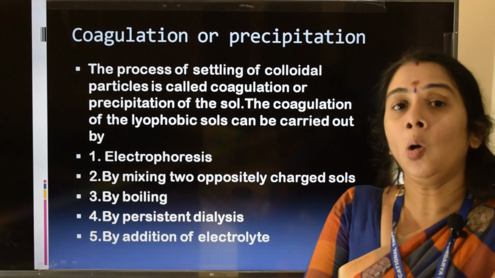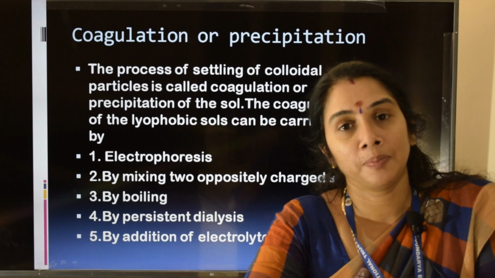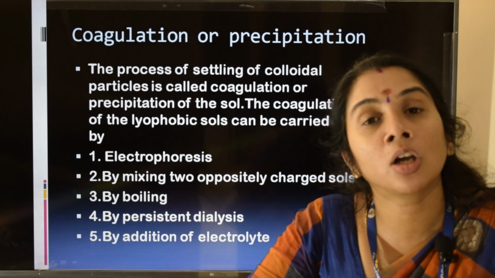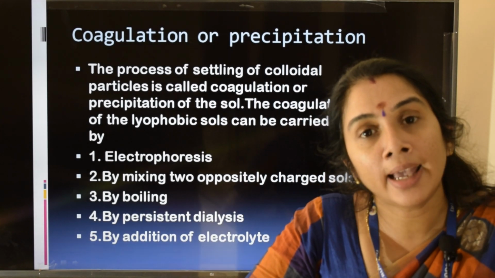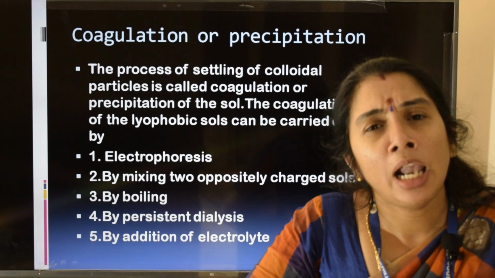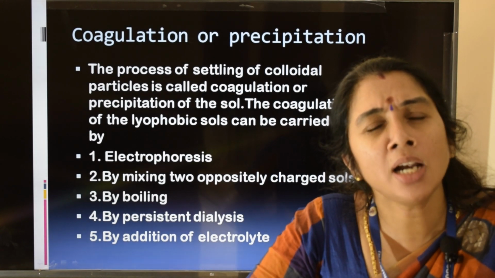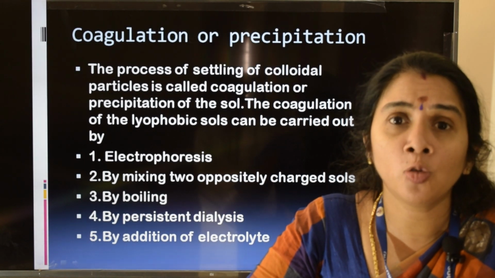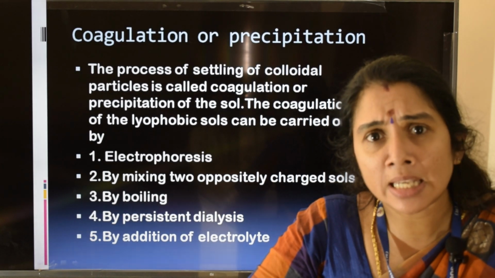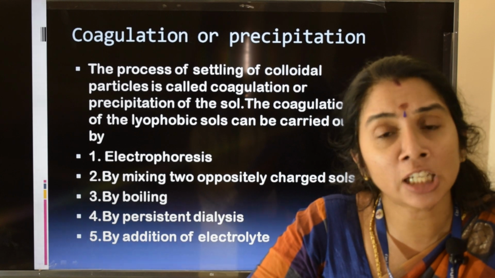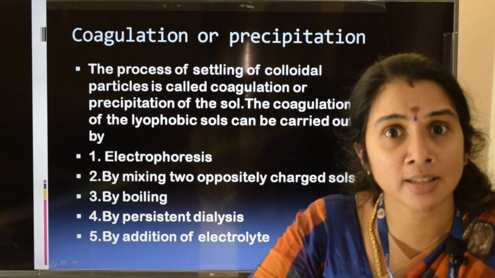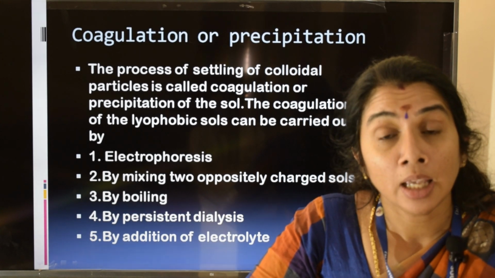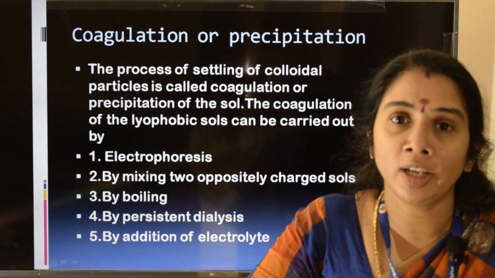Now let us discuss how to destroy a colloid. As we have discussed earlier, lyophobic colloids are highly unstable. To prepare a lyophobic colloid itself, we have to go for many chemical methods, Bredig's arc method, peptization method, and many artificial methods. Indirect methods are opted. Hence, how do you destroy a colloid?